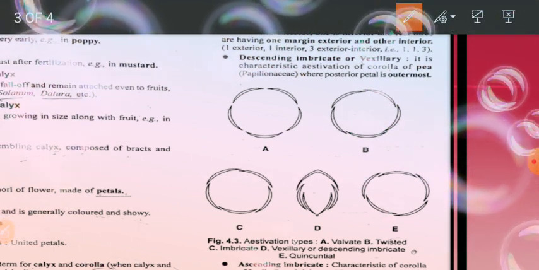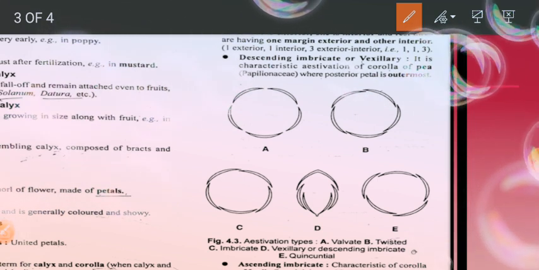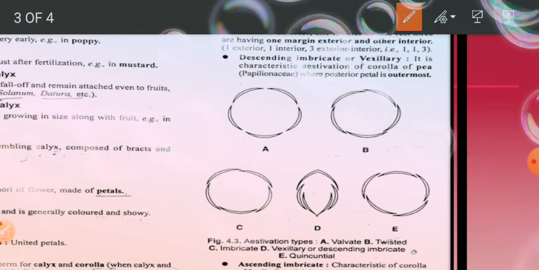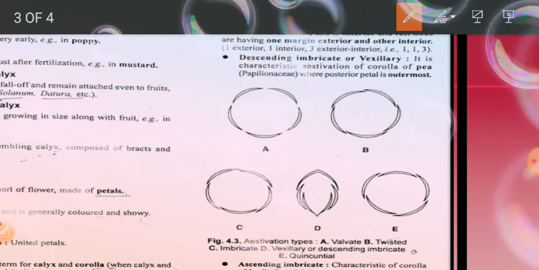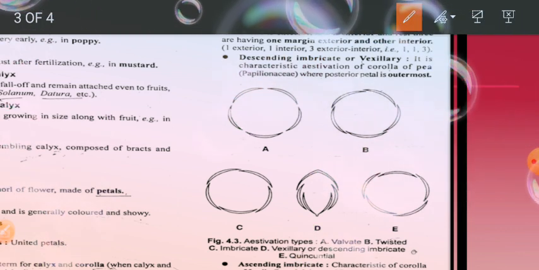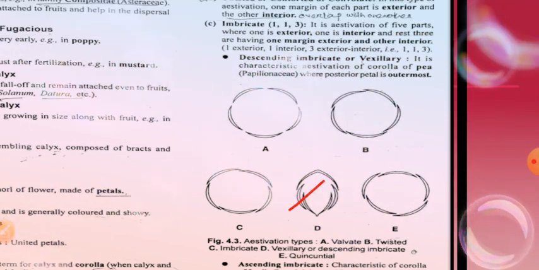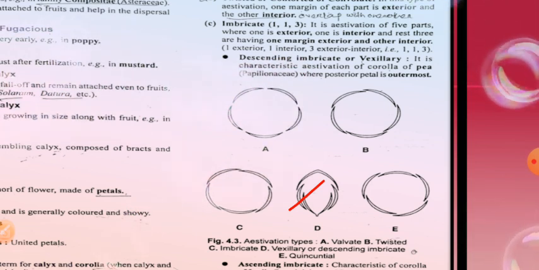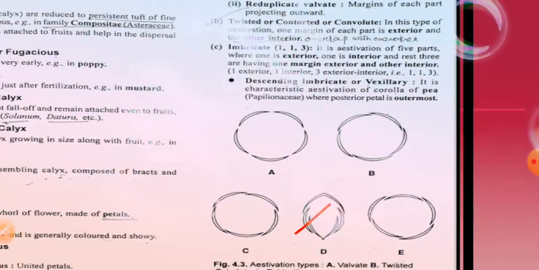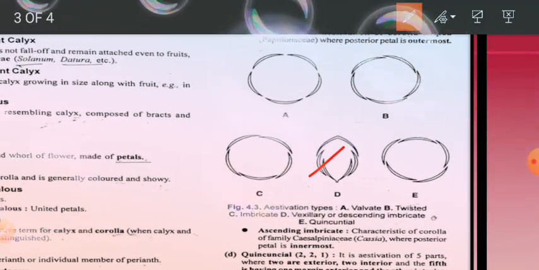So these are the imbricate type, and it is of the ascending and descending type on the basis of the arrangement of their petals. Then quincuncial, what is quincuncial? In figure D, this is of the quincuncial type because the arrangement is 2 to 1, 2 to 1.